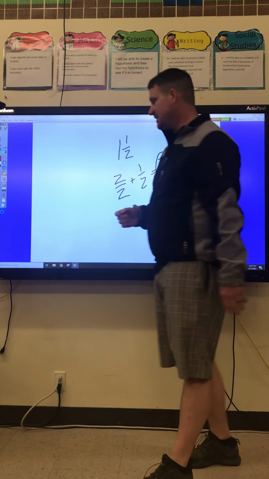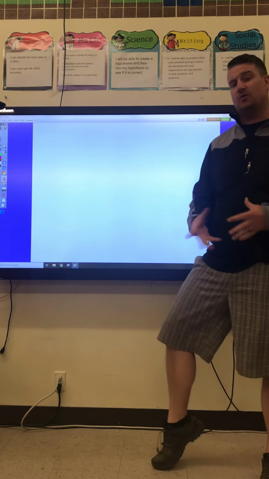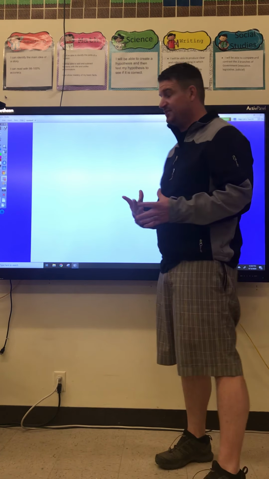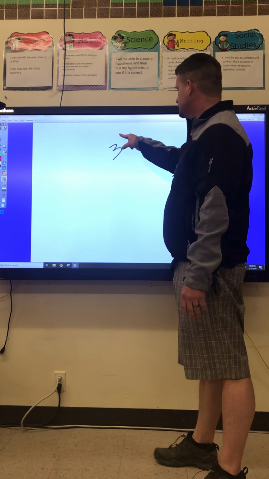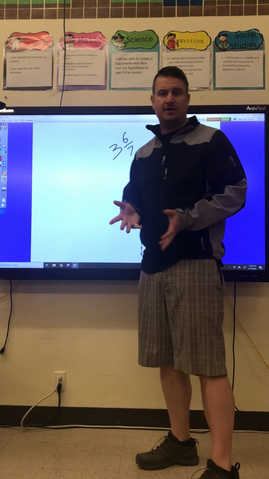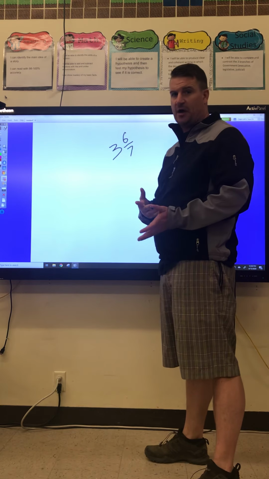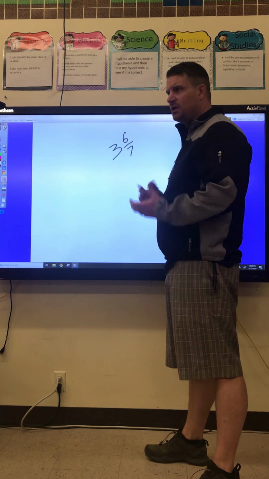I'm going to give another example of this because with mixed numbers, we use this a lot. We're not going to be able to multiply unless we have this. So let's go 3 and 6/7. So this is where it can be a little more difficult. Now, we have sevens. So 3 sevens.